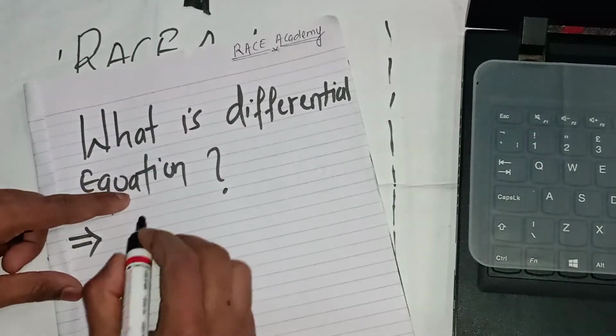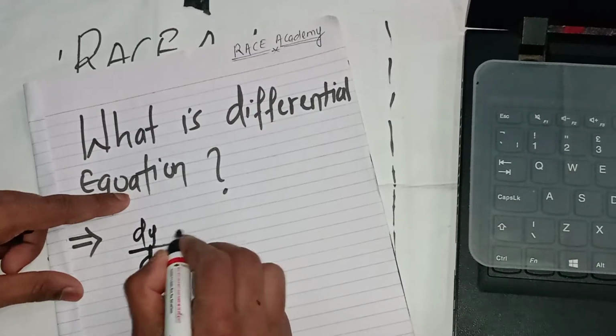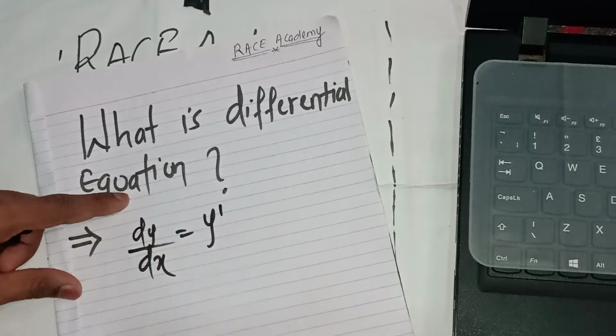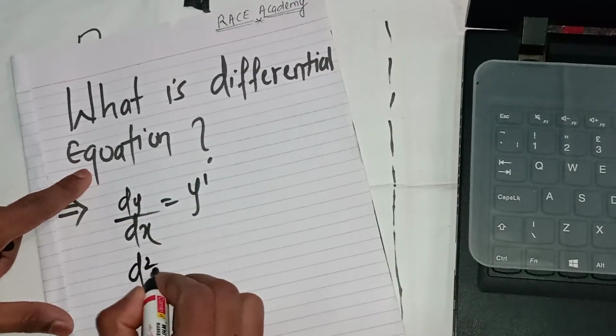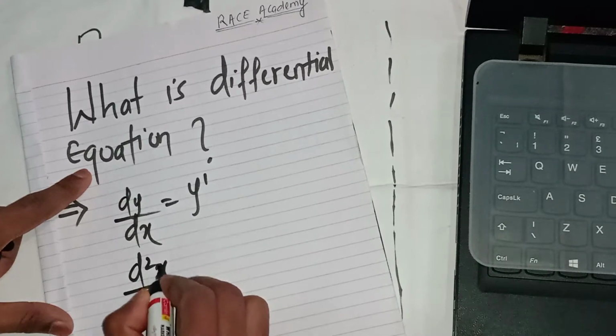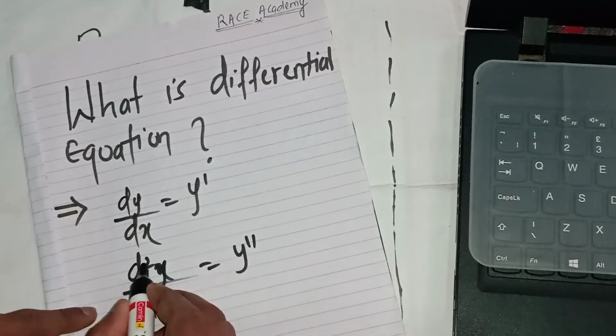Let's take one example. dy by dx is the first derivative, and we call this y prime. Another is d square y upon dx square, and we call this y double dash, look at this, here is the 2.